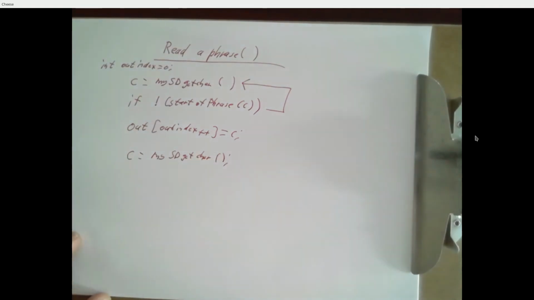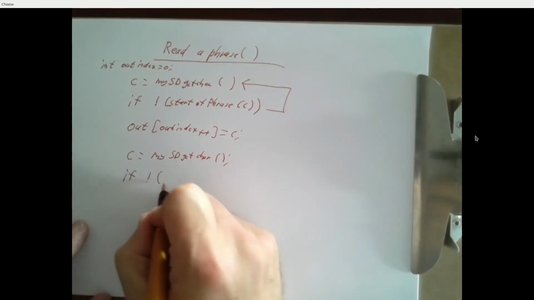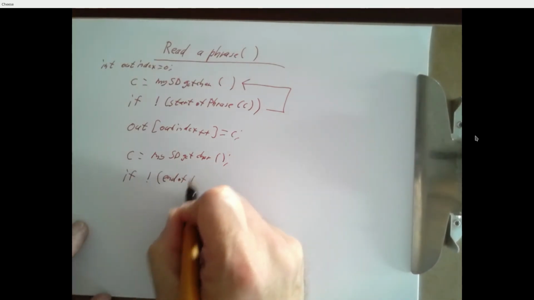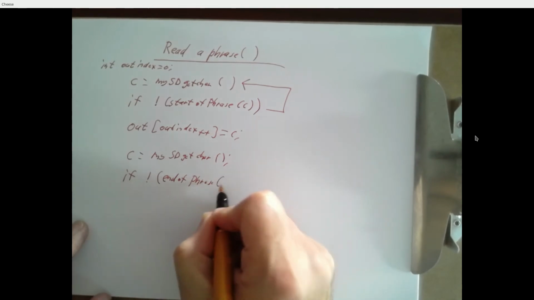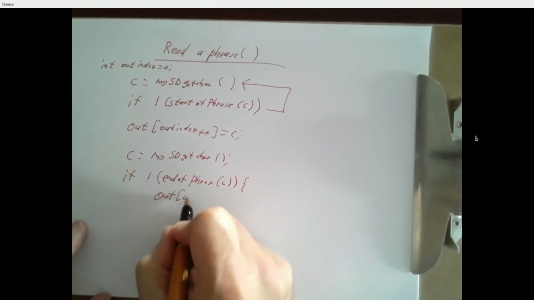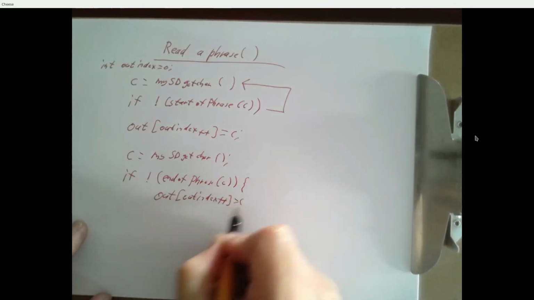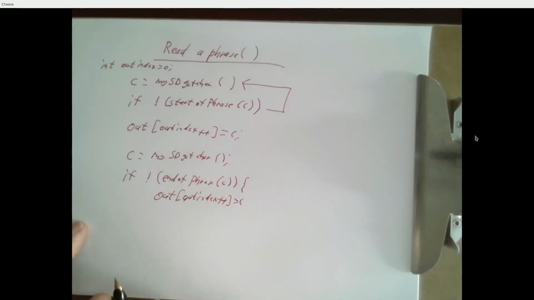And then I'll get another super duper character. And if it's not the end of a phrase, I'll save it in my output index.